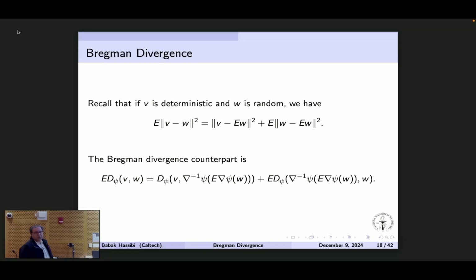Then you put it through the inverse map of the gradient. The second term, you take this quantity I described and put the Bregman divergence with the random W. This term has randomness in it, so you throw an expectation up front. This has no randomness in it. This is essentially what I will use. It's the counterpart of that.